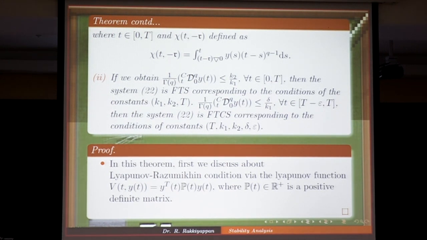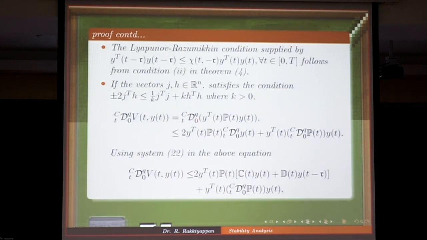With this we construct a Lyapunov-Razumikin function V of t comma y of t equal to y transpose of t P of t y of t, where P of t is a positive definite matrix. We have to take the fractional derivative of the function V of t, and then we can achieve our results.